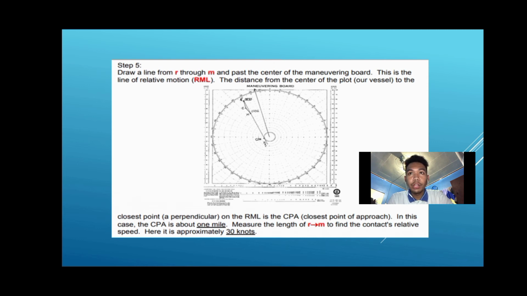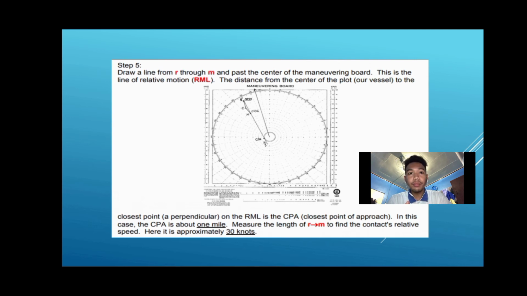The distance from the center of our vessel to the closest point, or the perpendicular on the RML, is what we call the CPA, or the closest point of approach.